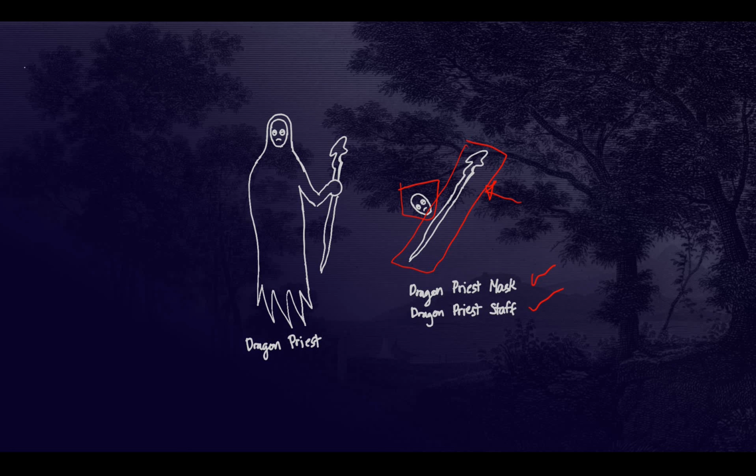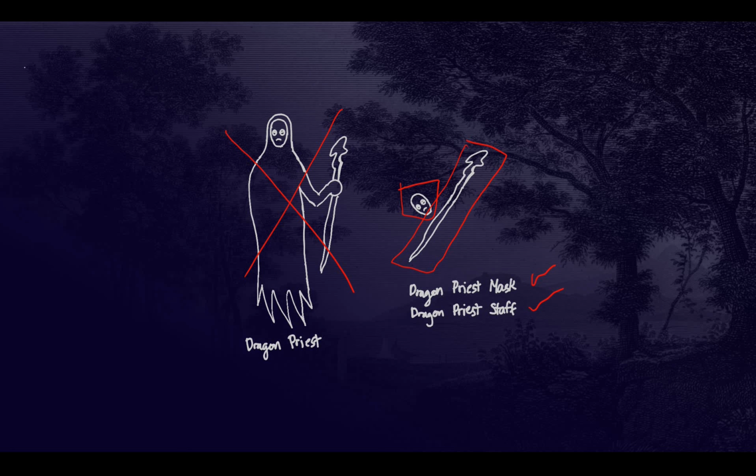So when this specific instance of dragon priest is defeated, it despawns, but it leaves behind the dragon priest mask and dragon priest staff. So when it dies, it despawns. It ceases to exist from that state of the game, for example. But it leaves behind these two dependencies right here, dragon priest mask and dragon priest staff. These instances will continue to exist since they can still be used by other client objects in the game, such as the player character.